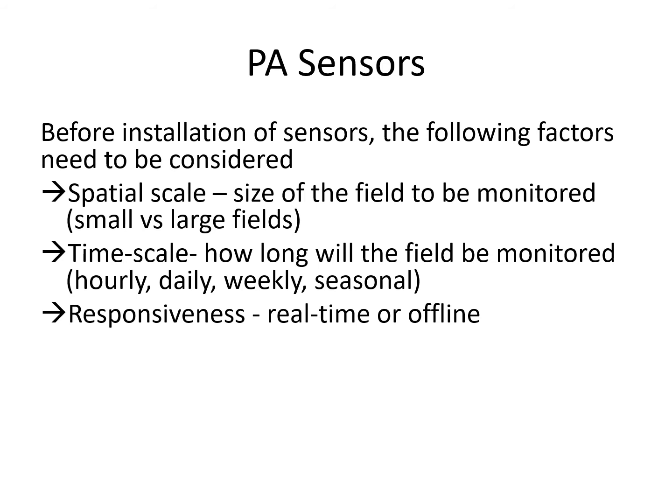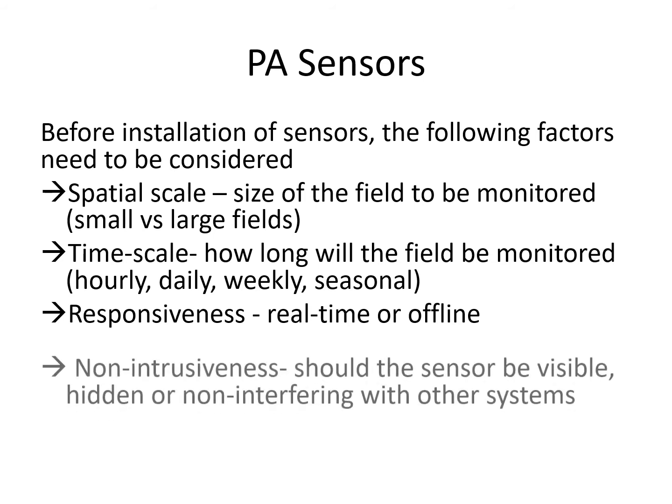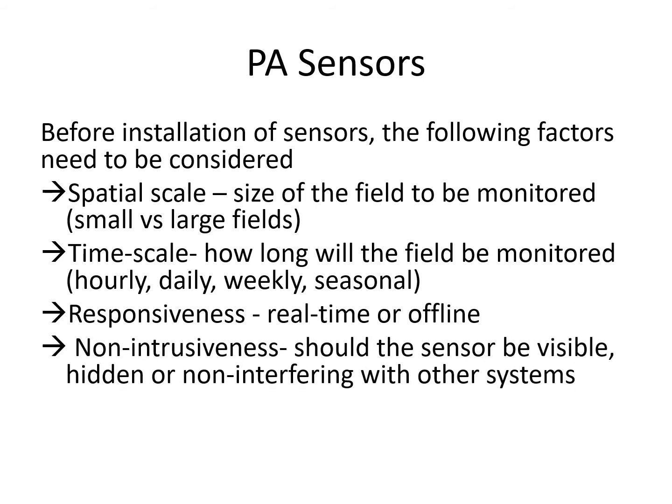The other thing is the responsiveness. Do you want your sensor to give you data or information in real time or offline, meaning that it will store data for some time? Maybe after 15 days, you can come over to see what data has been recorded. The other feature is non-intrusiveness, meaning should the sensors be visible or hidden or non-interfering with other systems?